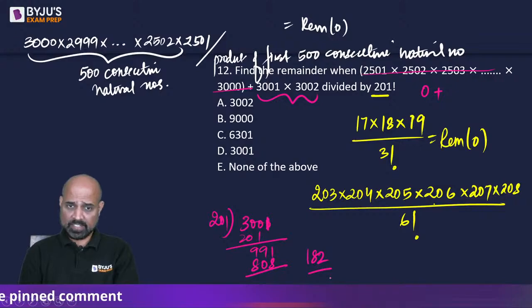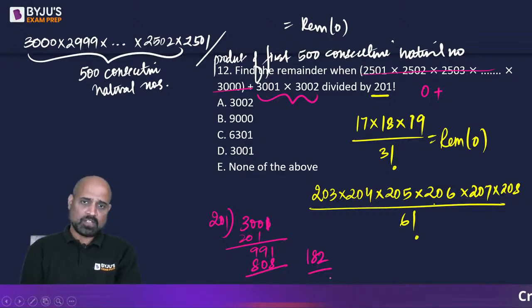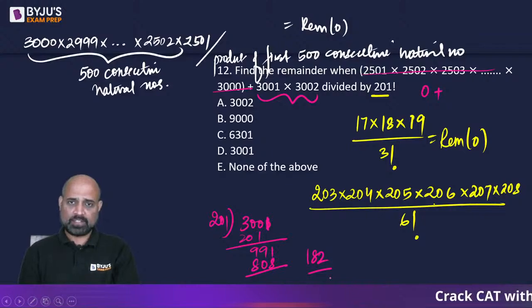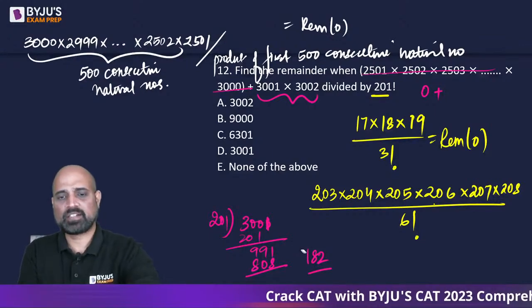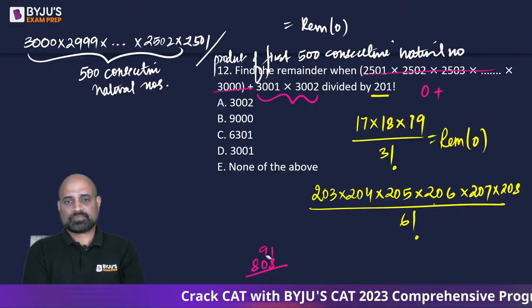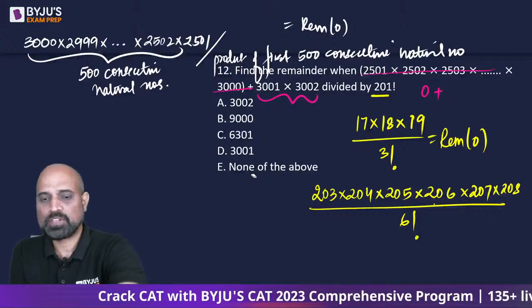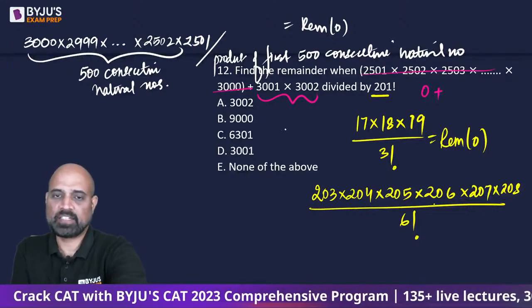Is it correct? Let's verify it once. 3001 201 से divide करना है. Sorry, 201 factorial से करना है. So this is going to give us 198 और वो मेरे को 199 देने वाला है.